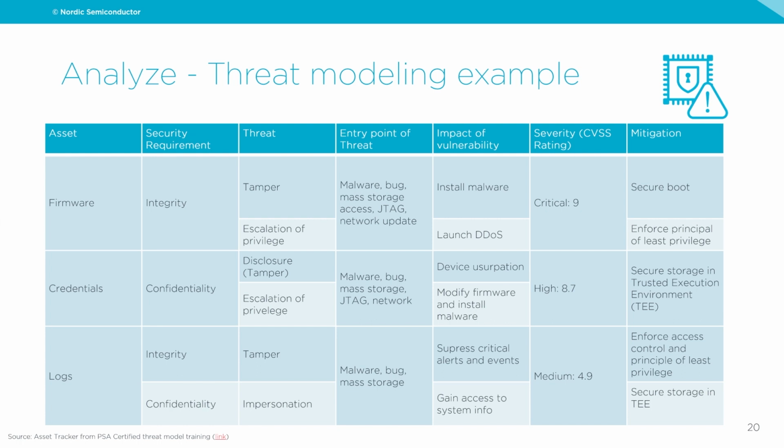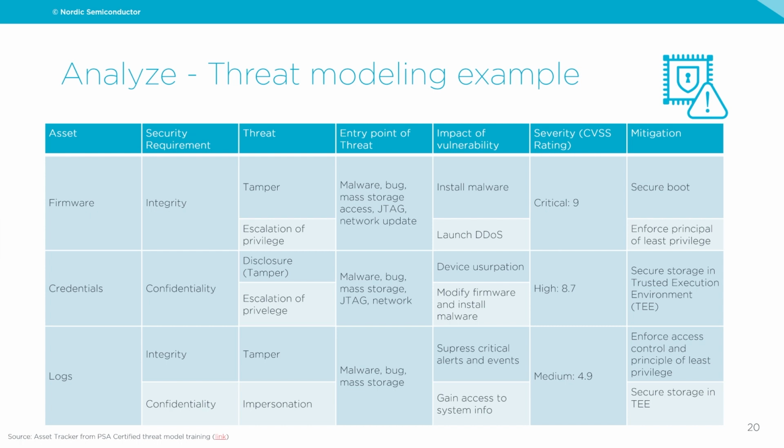The other threat would be the escalation of privilege. We have similar entry points for those threats: malware, a bug, mass storage, JTAG, or using the network. If there's a disclosure of the credentials, the impact of that vulnerability would be device usurpation. If there's escalation of privilege, the impact would be to modify firmware and install malware.